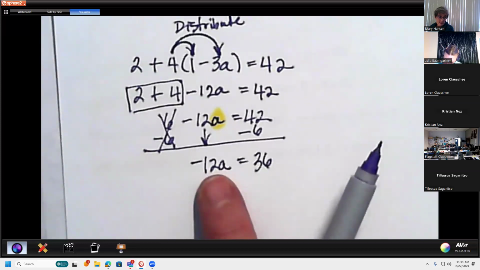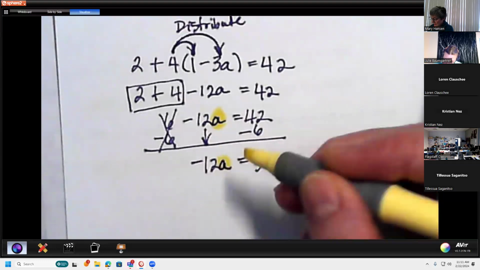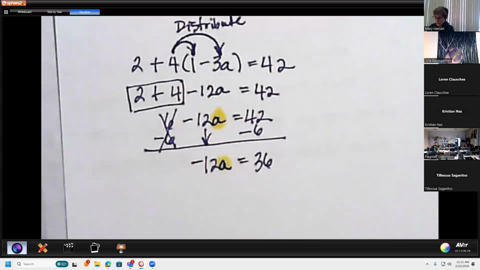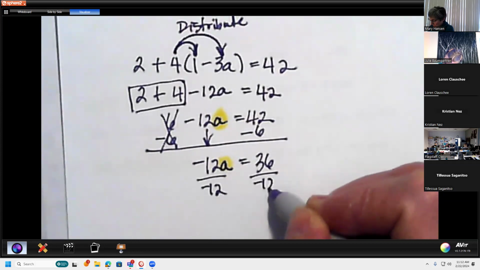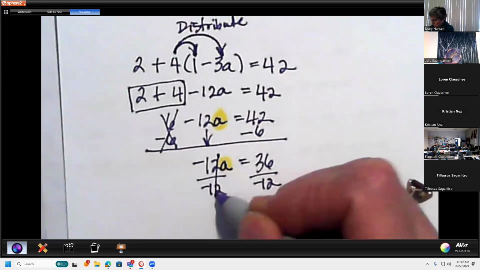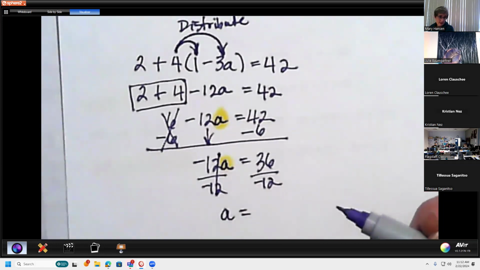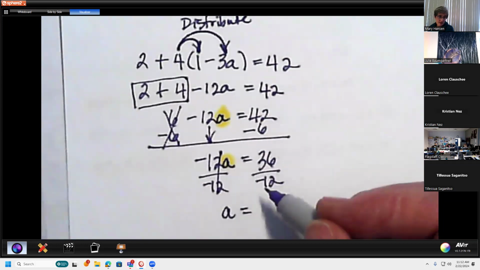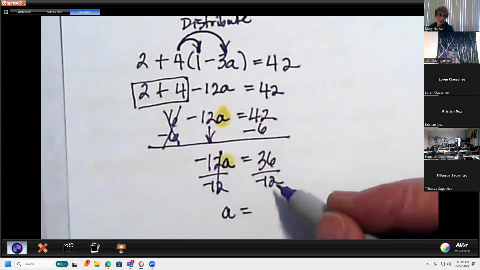And now I have a 1-step equation. I have negative 12 being multiplied times A. And so to get rid of that multiplication, I divide by negative 12. Because negative 12 divided by negative 12 is 1, or 1A, or just A. And 36 divided by negative 12: I have a positive divided by a negative.